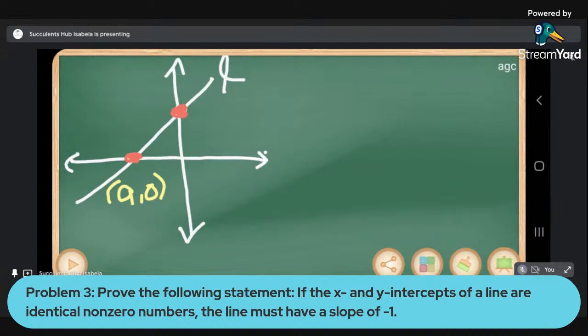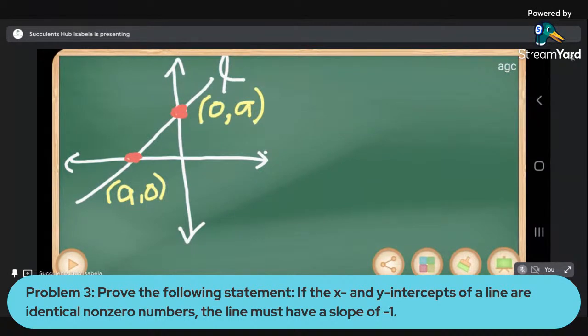The x here is 0, and according to the problem, the x and y intercepts are equal. So if the x-intercept is A, the y-intercept is also A. Do you get it? So we are to prove that the x and y intercepts of a line are identical non-zero numbers. They are identical, so how can we prove that?